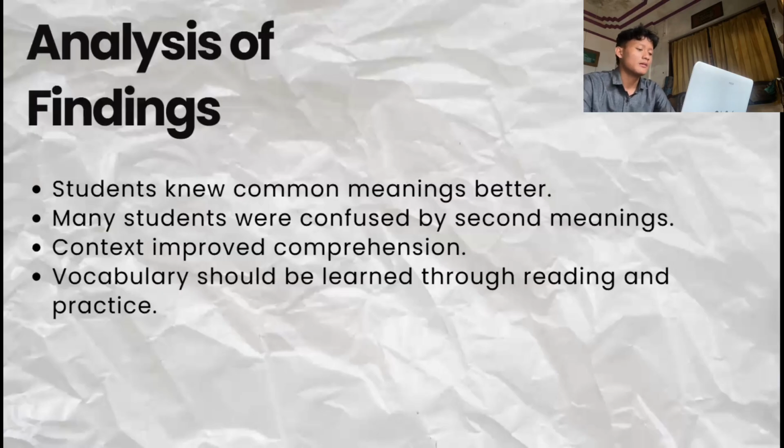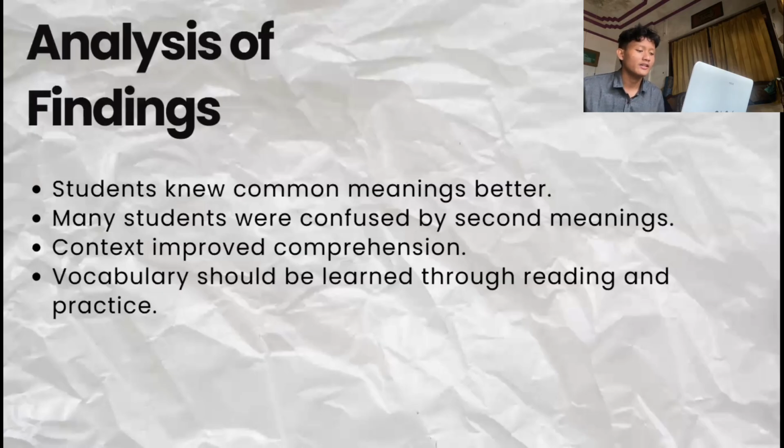For example, many students know the word wound as an injury, but they don't realize that wound can also be the past tense of the verb wind. Because of this, they may misunderstand the meaning of a sentence when they read English text.